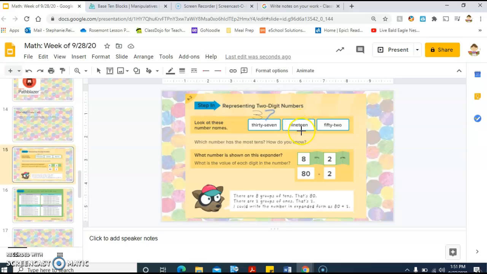19, this is a teen number. So you know teen numbers always have a 1 in the tens position. So we're going to start off with 1. And then we're going to do 9, because 19 means 1 in the tens position, 9 in the ones position.